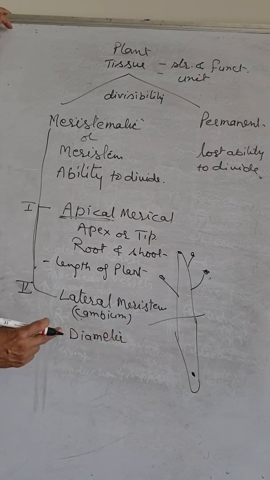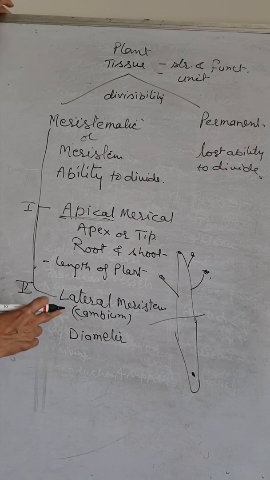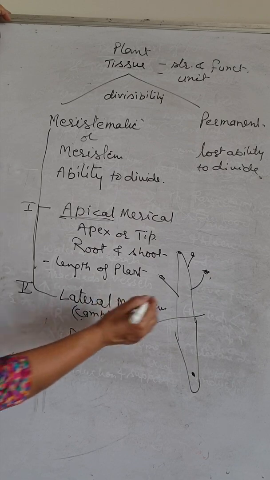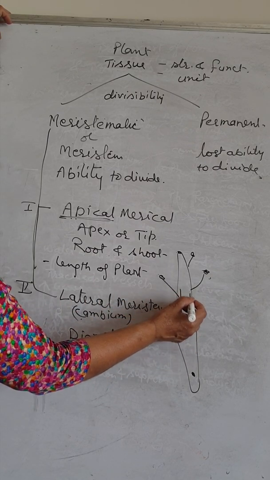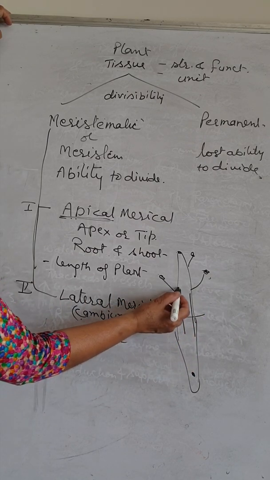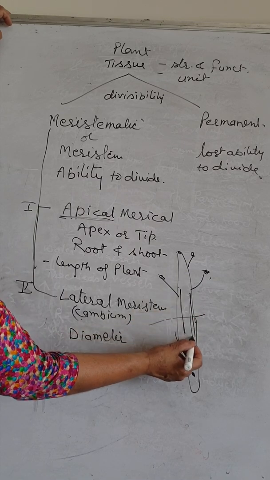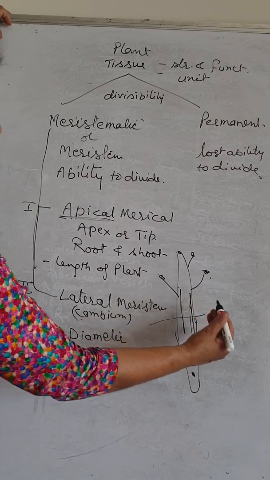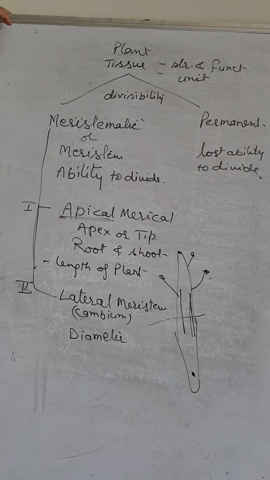They increase the girth of the plant, and they are found below the bark. They are lateral meristem or cambium. So these are the meristematic tissues.